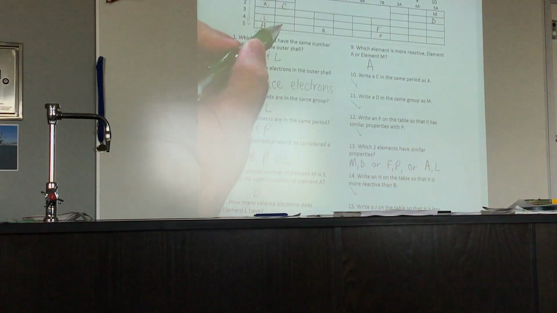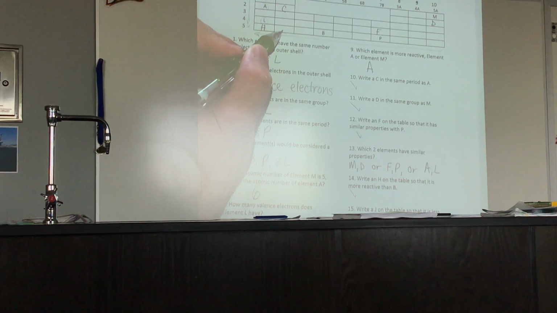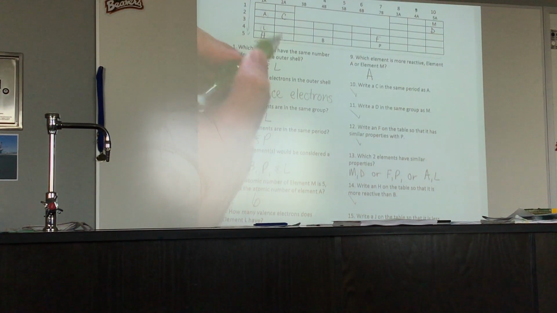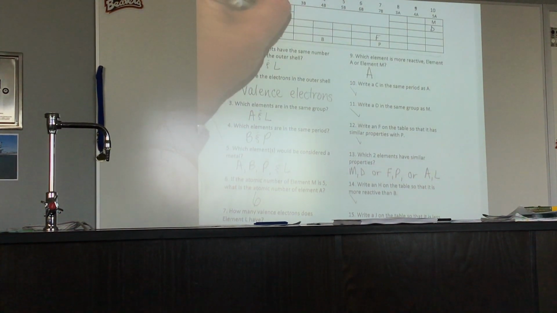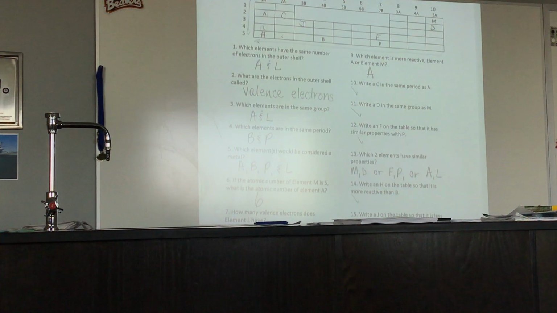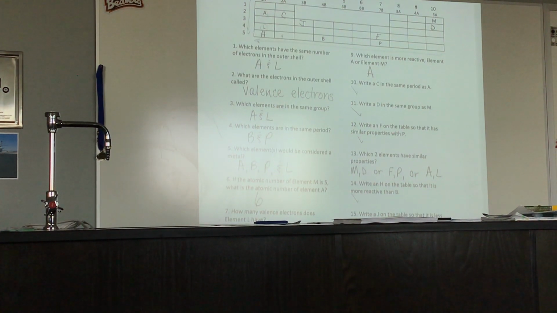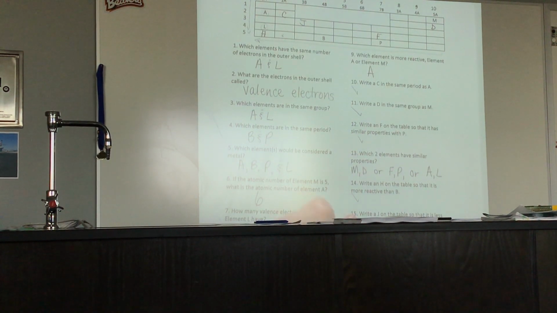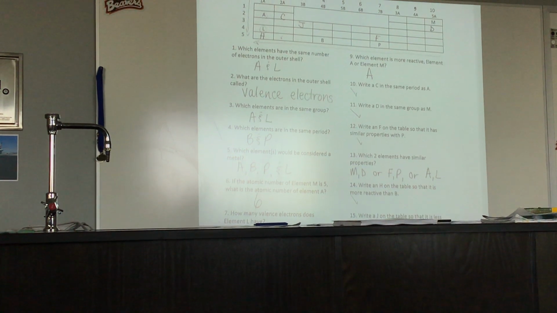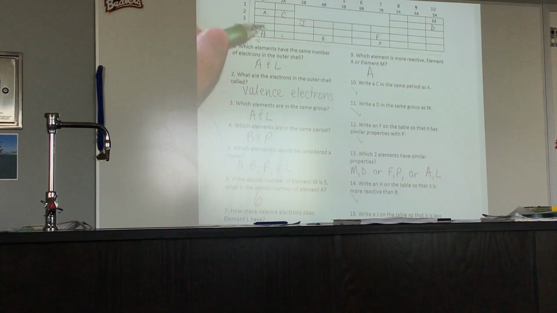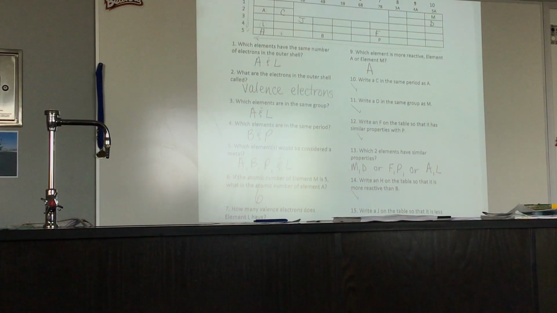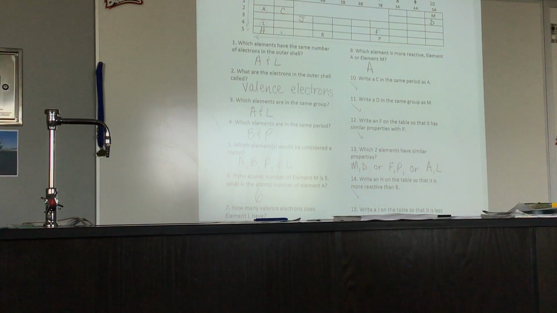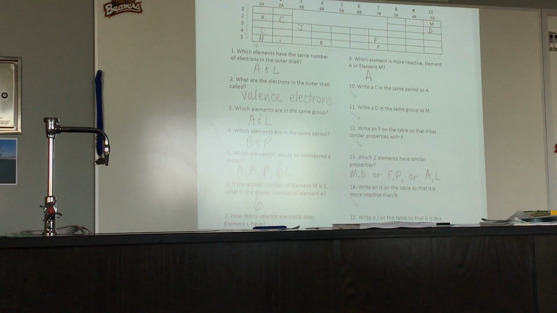I probably wouldn't wanna do right here, cause that's still pretty reactive, cause it's on the bottom, but anywhere other than that, anywhere I wanted, I could put. I'll put it here, in the group that is totally blank. You can put yours wherever you want, as long as it's not here, cause this is about equivalent in reactivity. And here's a little iffy, but anywhere else you can put J would be less reactive than L.